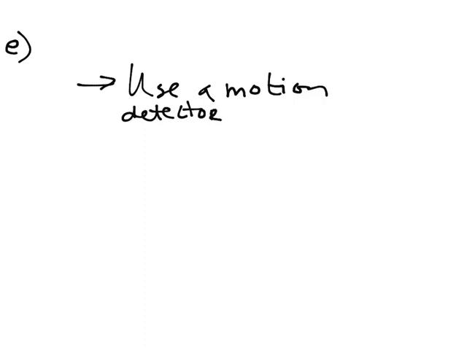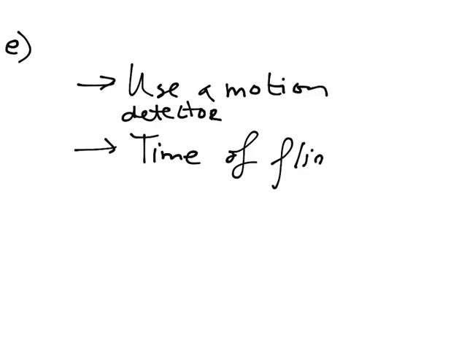You could time how long it takes to hit the ground after it leaves, so time of flight, and calculate the height using kinematics. Any of these things are good.